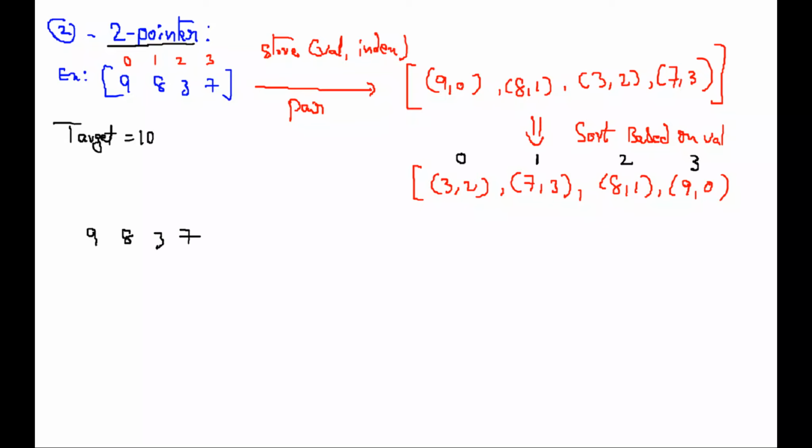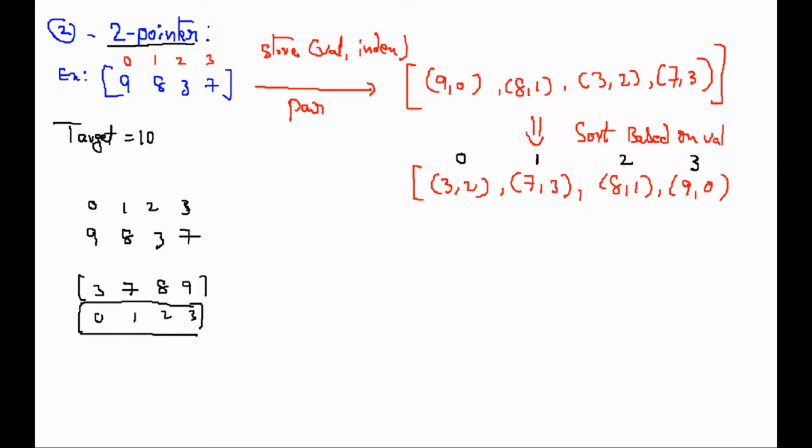If we keep the elements in ascending order, the elements will become 3, 7, 8, 9. This is okay, but what happens to the index? This is at 0 index, first index, second index, third index. If we sort the elements, the indexes of the elements will change, so you are not going to give the correct pair indices.